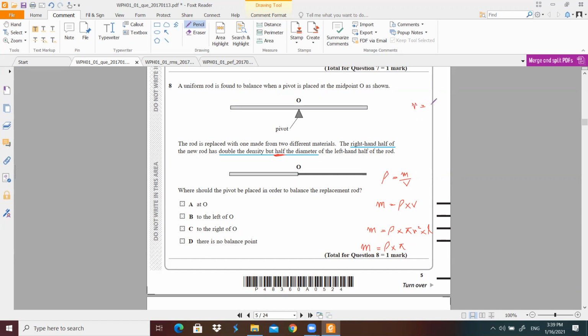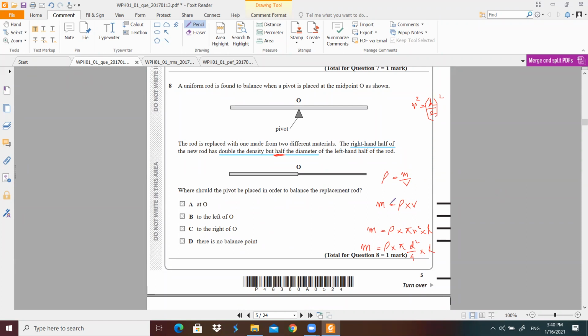Radius is equal to diameter by 2, and r square should be d by 2 whole squared. D by 2 whole squared is d square by 4 times L.